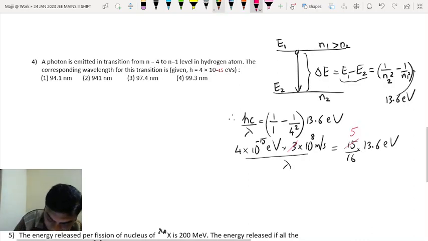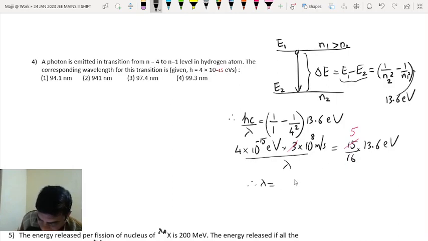That is the only cancellation possible, it seems. So lambda is 4 into 10 power minus 7 into 16 upon 13.6. The electron volt gets cancelled here, and the second also.